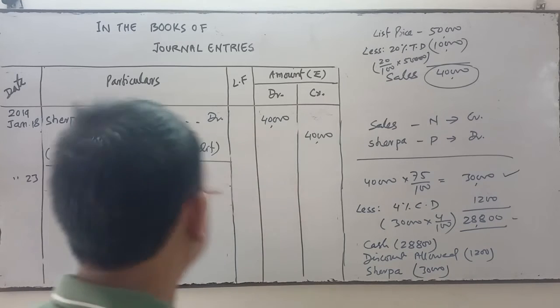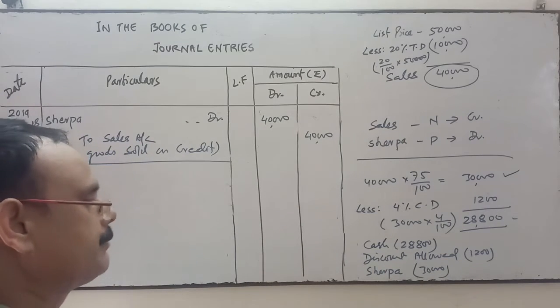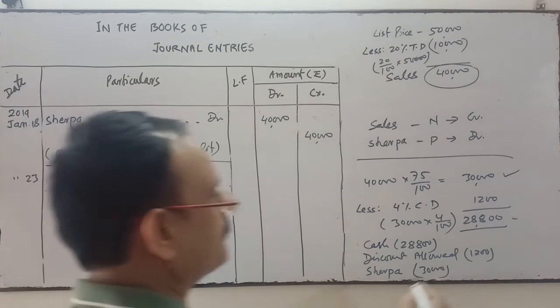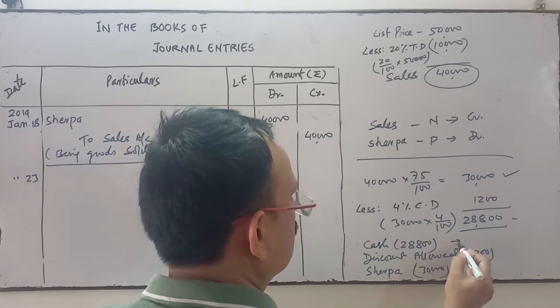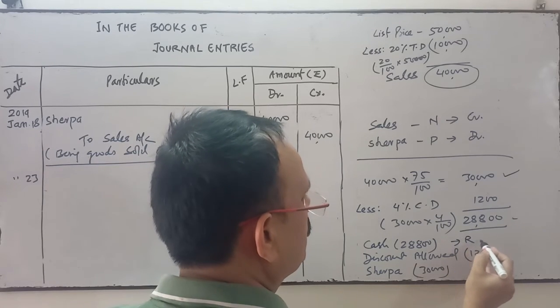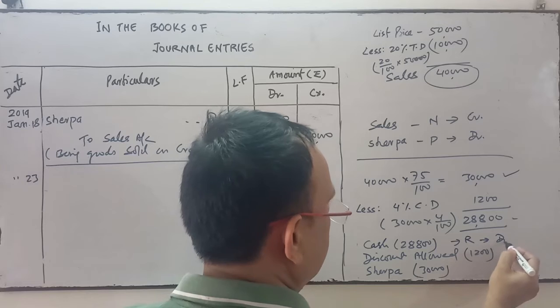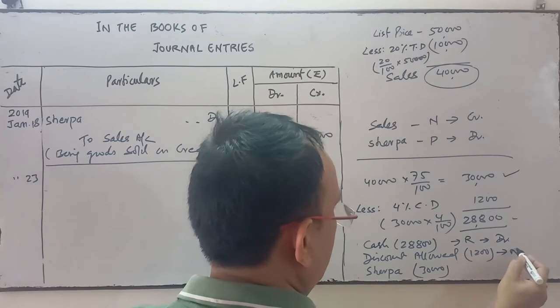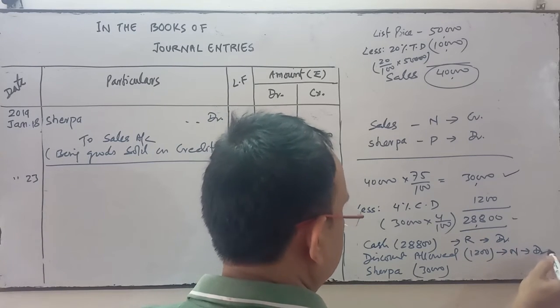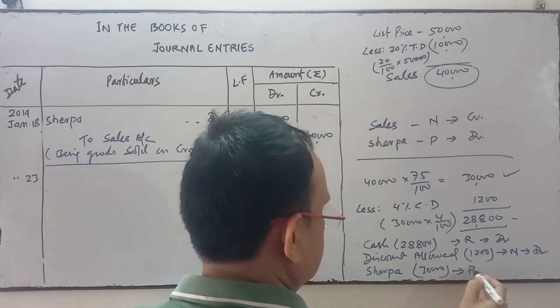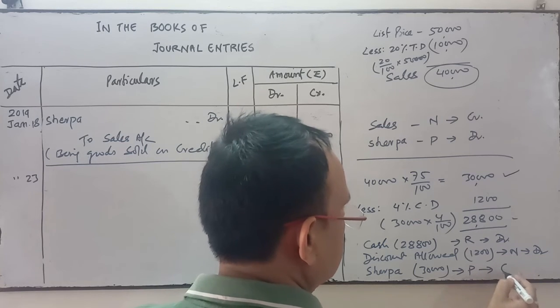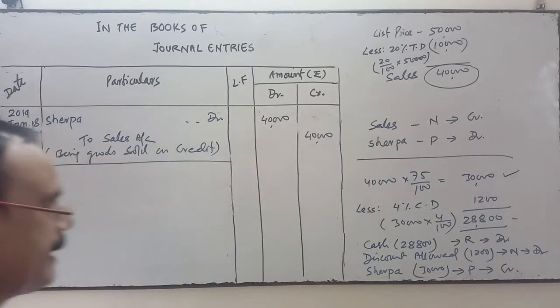These three accounts will be involved in the transaction of January 23rd. So cash comes under real, what comes in is debit. Discount comes under nominal, all expenses debit, and SARPA comes under personal. He is the giver, so giver account will be credited.